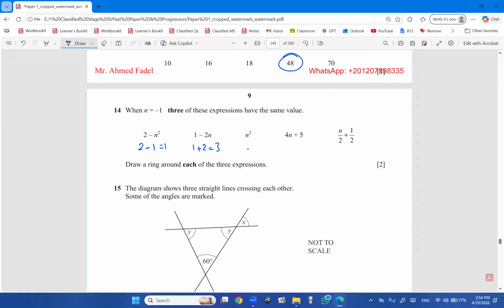And the other one, negative 1 squared, is 1. And this one, 4 times negative 1 is negative 4, plus 5, which is also 1. N divided by 2, which is negative 1 over 2, plus 1 over 2 equals 0. So the three expressions that have the same value are this, this, and this.